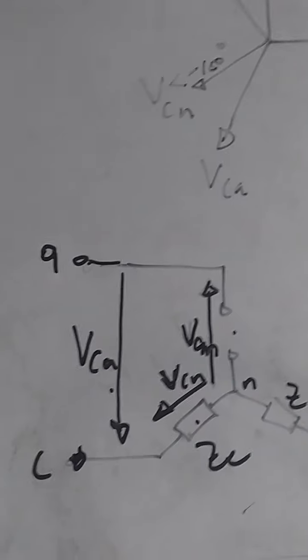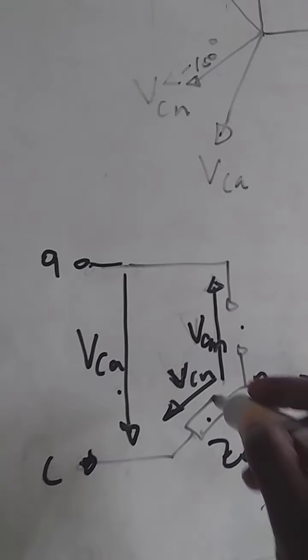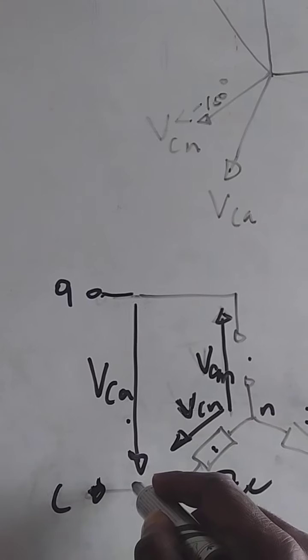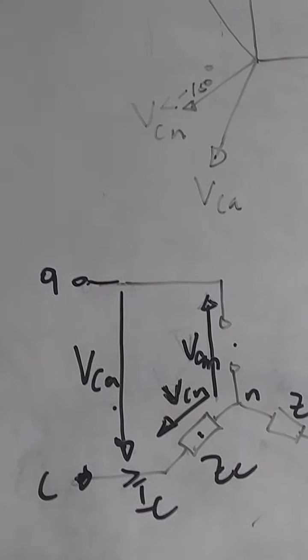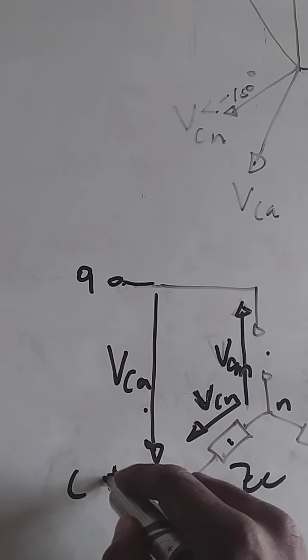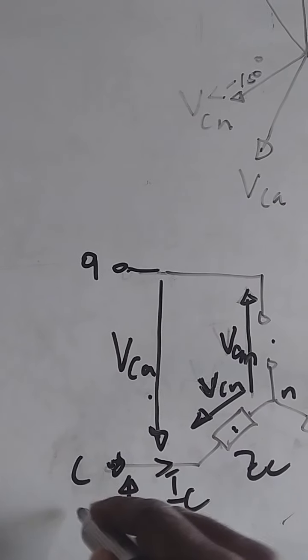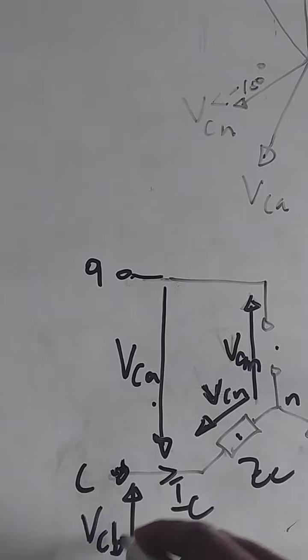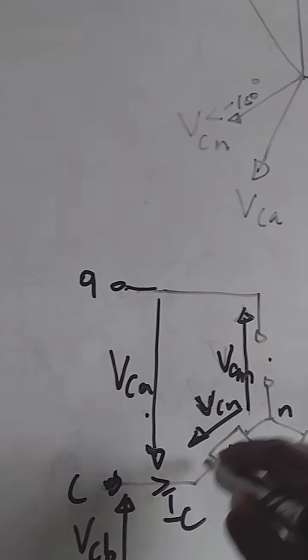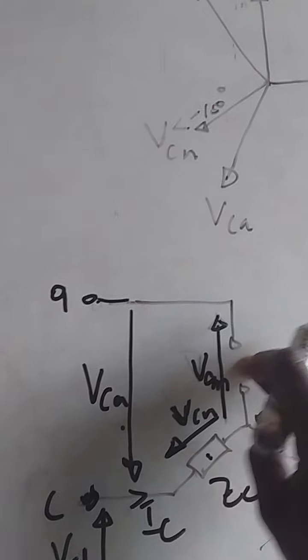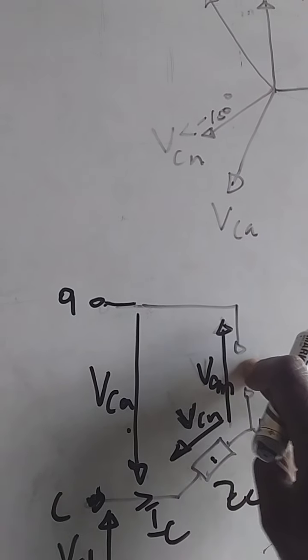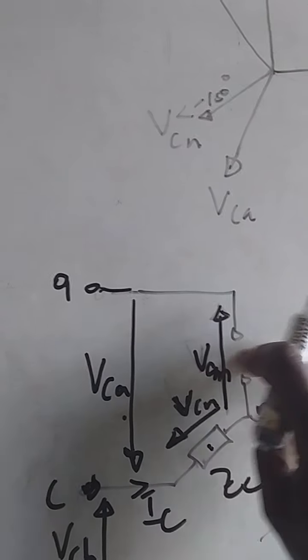So to determine this, we assume that there is a current flowing, IC. Because this is VCB, which is the higher potential, current flows this way. It will not go through here because this is an open circuit, a highly resistive path.